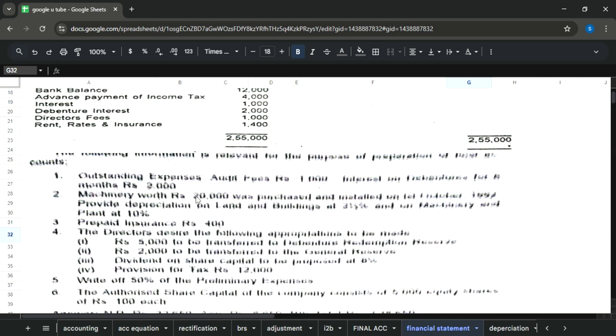Next, machinery of 20,000 was purchased and installed on 1st October 92. If you are again not able to see, please note it is 1st October 92. And now we will see the whole machine, and the date is very important. This is 1st October.